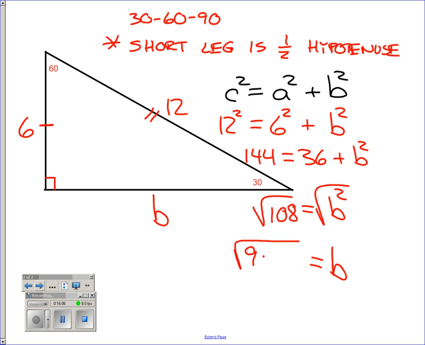Well, again, this is from our multiplication tables. 9 times 12, all right? But 9 is not the biggest perfect square that actually goes into 108. In fact, if you look at the factors of 12, one of them is a perfect square. Well, which pair of factors? We got 12 and 1, 2 and 6, 4 and 3, and the 4 is the one that we want.